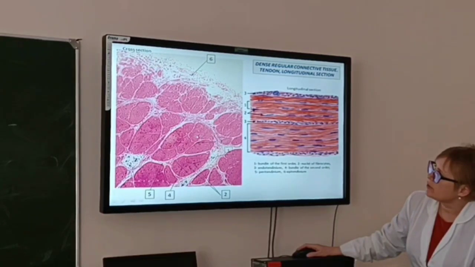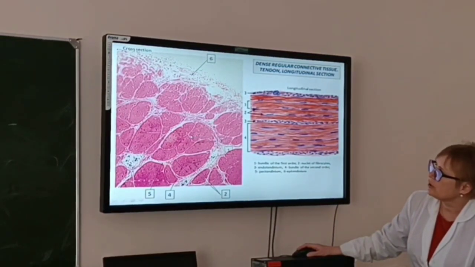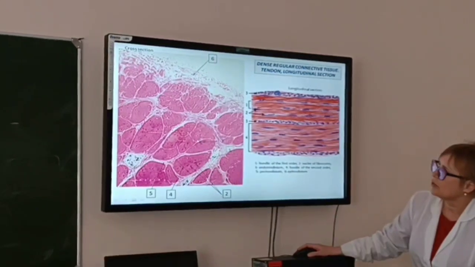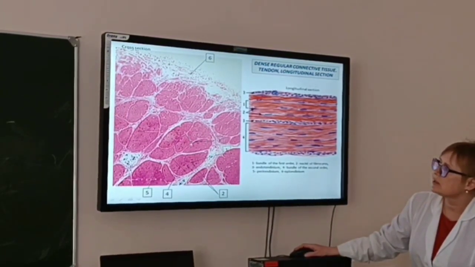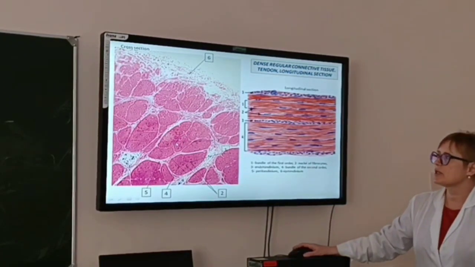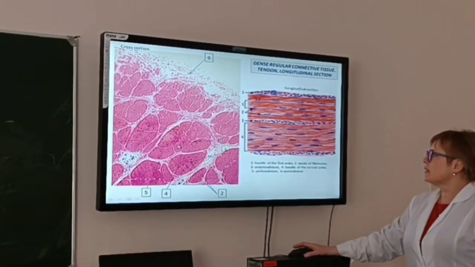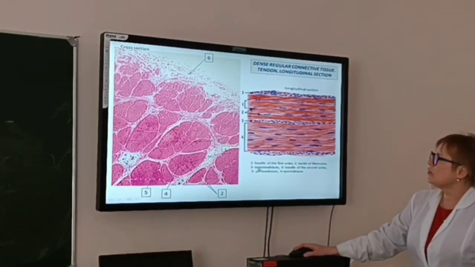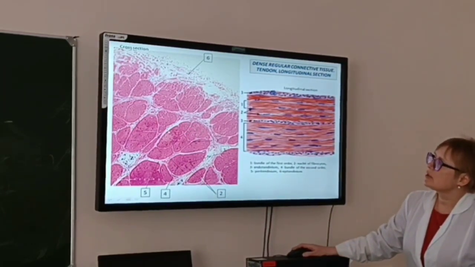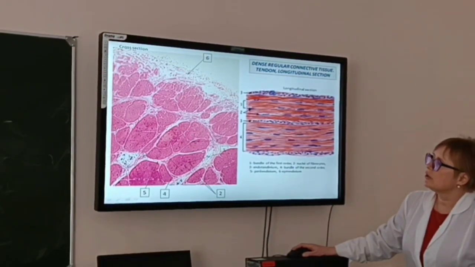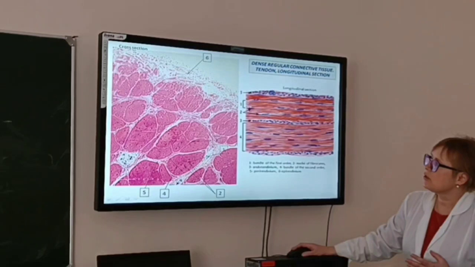Now, look please, several bundles of first order form bundles of the second order, which is limited by very thin loose connective tissue. These are bundles of the second order. This loose connective tissue we name endotendinium. Several bundles of second order unite and form bundles of third order.